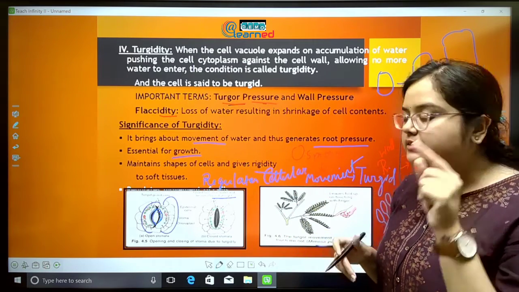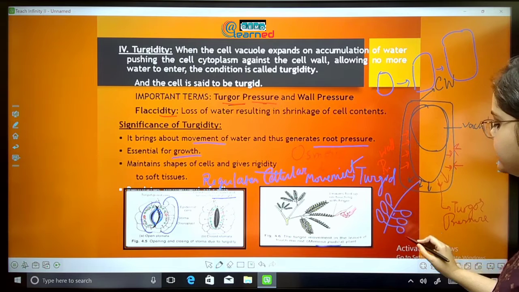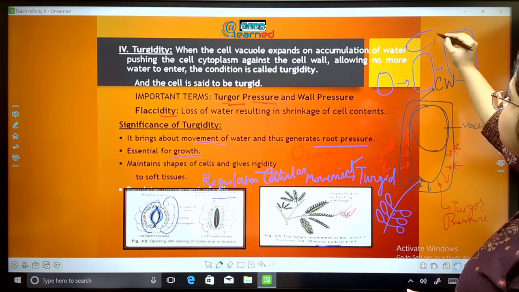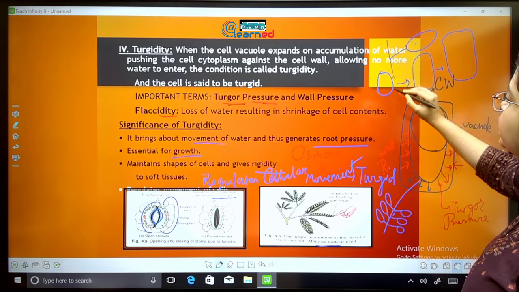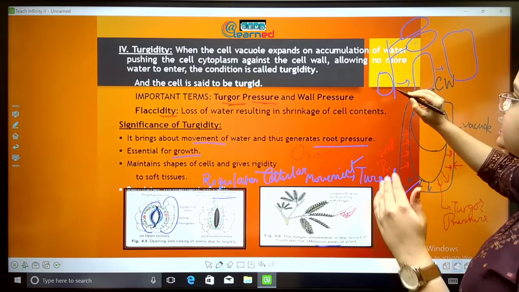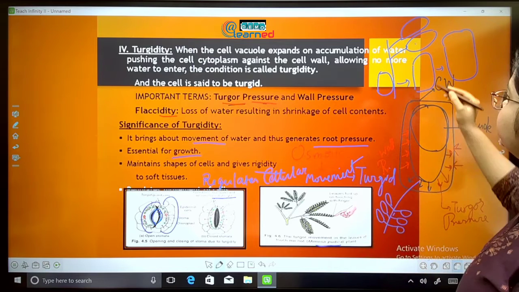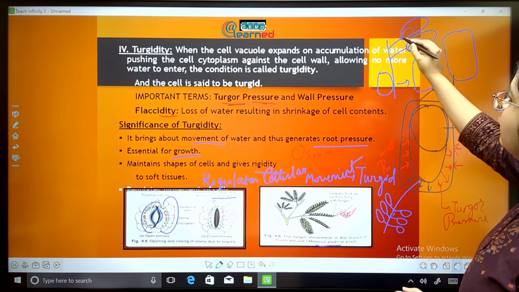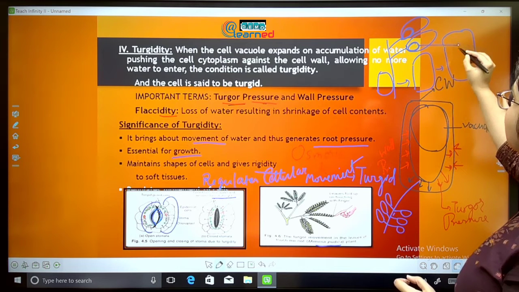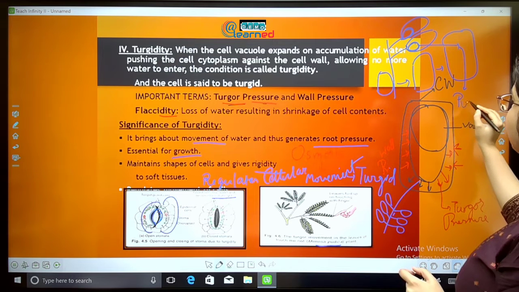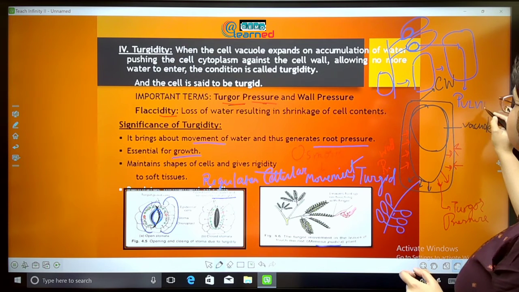Now one thing I need to mention here: these are the leaflets along the midvein. In these leaflets, if you look closely at the base of the leaf, you will see a swollen base. This swollen base is known as, let me write it over here, pulvinus.